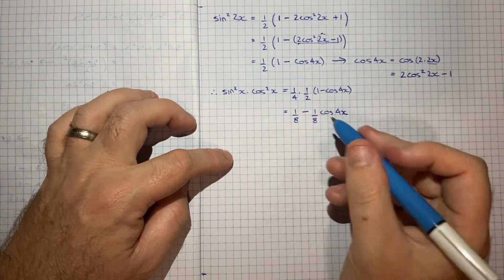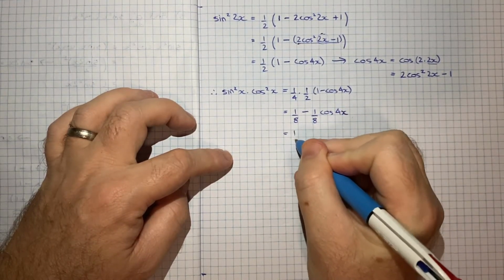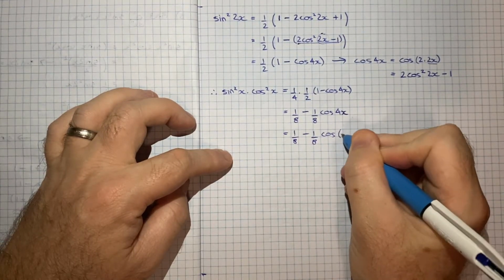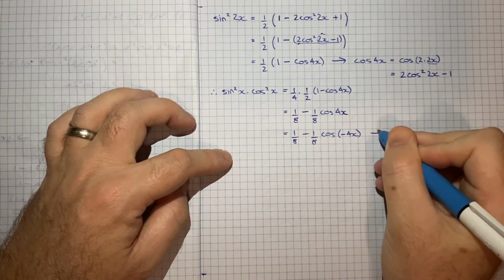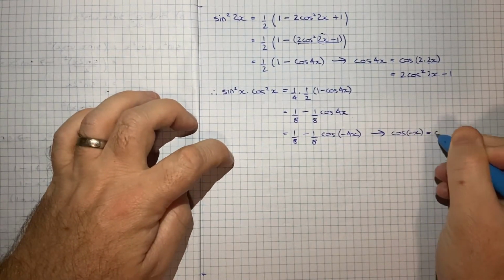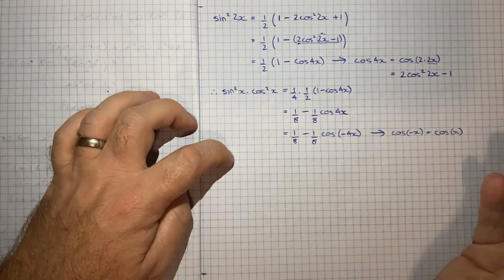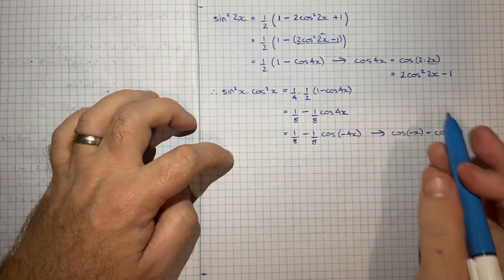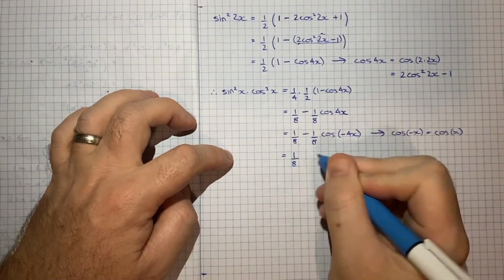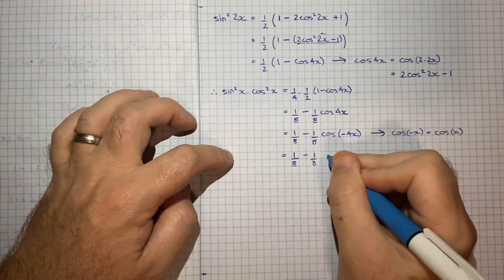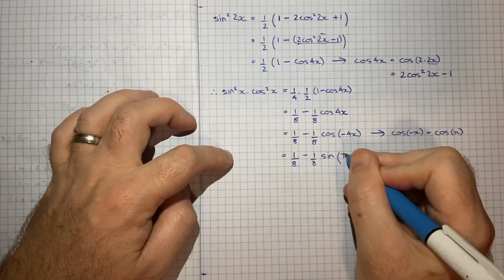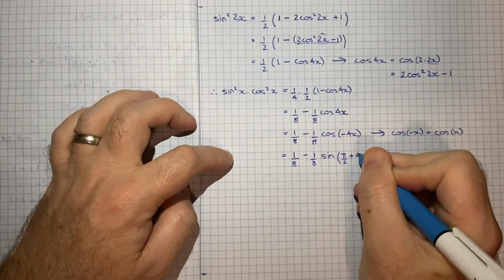So what I'll do is write this as 1 on 8 minus 1 on 8 cos of negative 4x. The reason I can say that is because cos of negative x equals cos of x, the even nature of the cos function. And now I can write that as 1 on 8 minus 1 on 8 times sine of pi on 2 plus 4x.